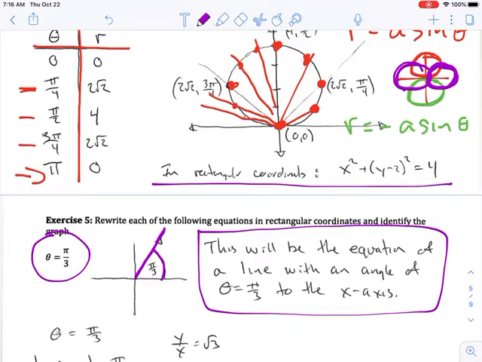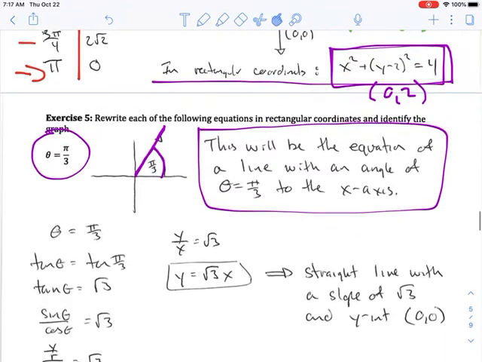In this previous problem, when you convert it into rectangular coordinates, you can see very clearly that this is the equation of a circle that has its center at the point 0, 2. Right here, 0, 2 is the center of the circle based on this equation in rectangular form. And that is exactly what we have in this circle.